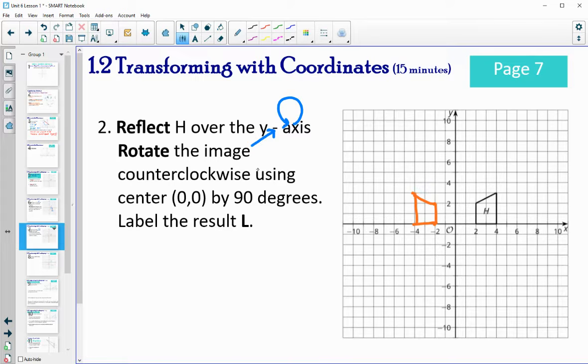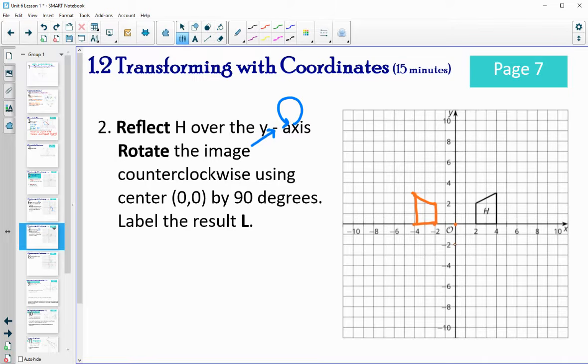Then we want to rotate counterclockwise using 0, 0 as the center, 90 degrees. So now here's your center of rotation. If you're using tracing paper, you could set it down and hold your pencil at this center and rotate counterclockwise, this direction, 90 degrees.